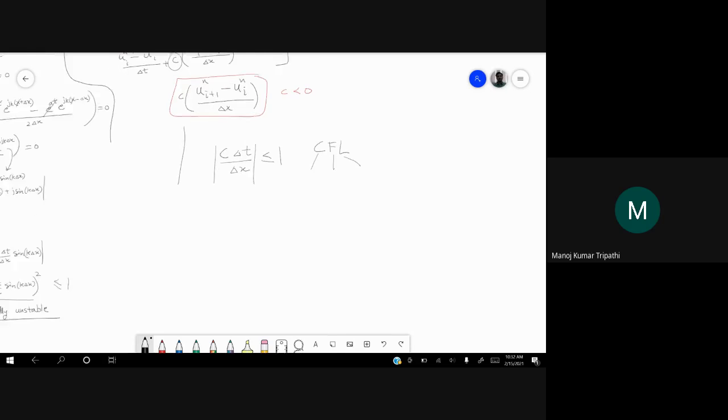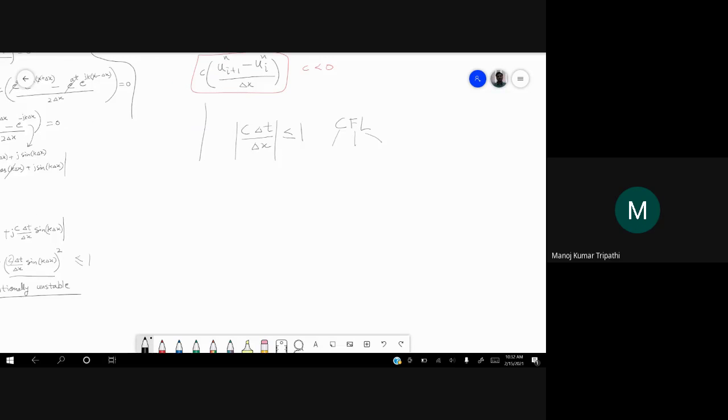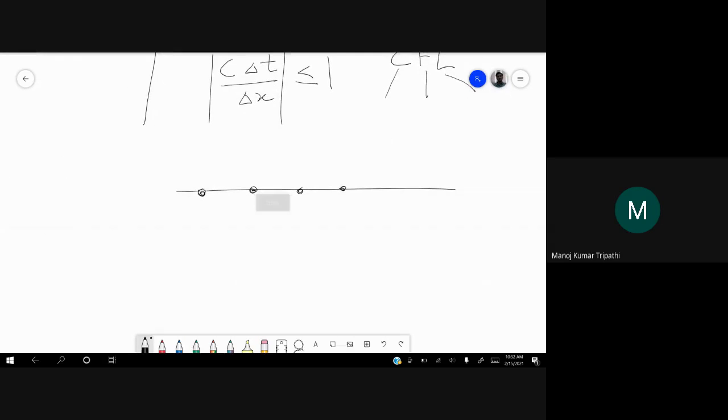Okay, and what it physically means is that if these are the grid points, and the wave is traveling in this direction, then what is C delta t? C delta t is the distance traveled by the wave in time delta t, right? Velocity times time step gives you the distance.